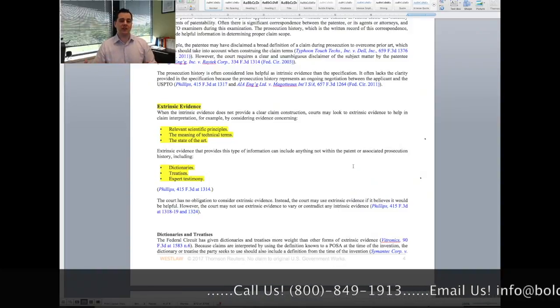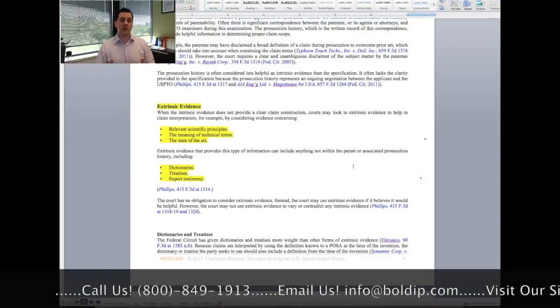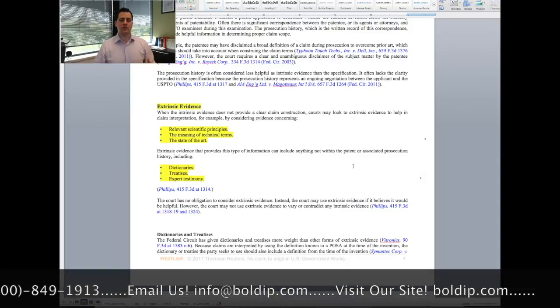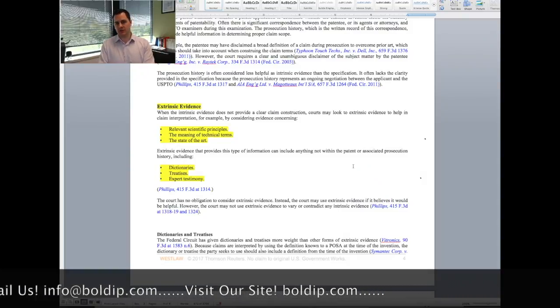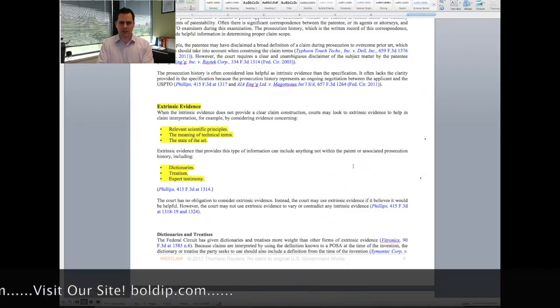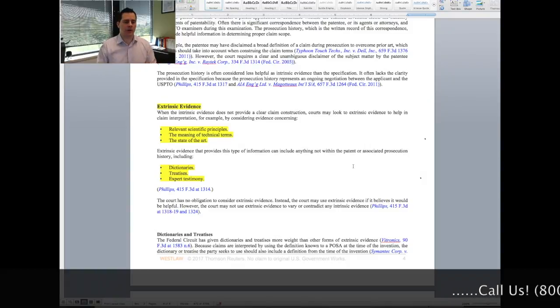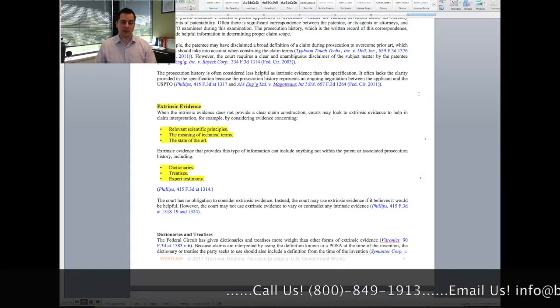And so dictionary definitions, interestingly enough, can change over time. And so the courts will not necessarily open the latest Webster's or latest Oxford Dictionary. They're going to have to go back to 1949 or at the date of filing that application. That definition of those words is what's binding. So they can review also treatises that were published at that time and expert testimony.